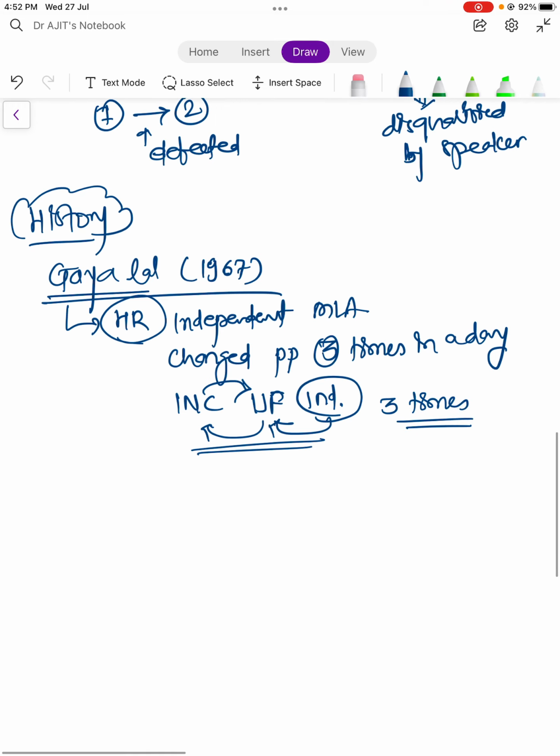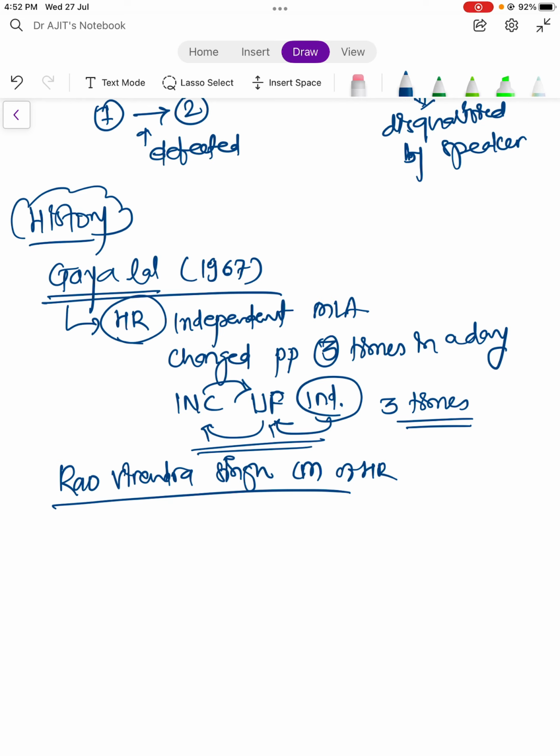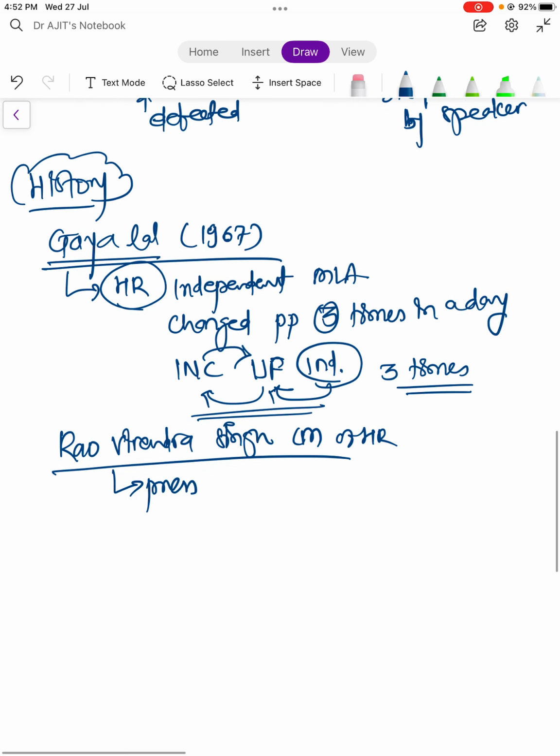And after him, when Rao Virendra Singh became CM of Haryana, he was asked by the press, where is Gayaram? He said, Gayaram is now Ayaram, that means Gayaram is with us, and that's why it became very famous, Gayaram Ayaram.